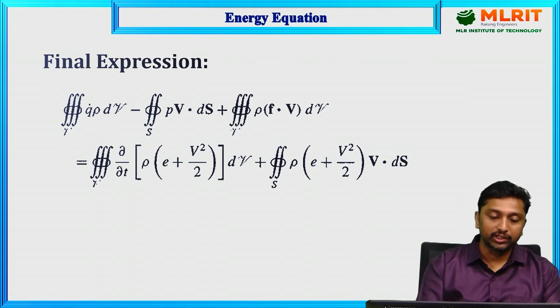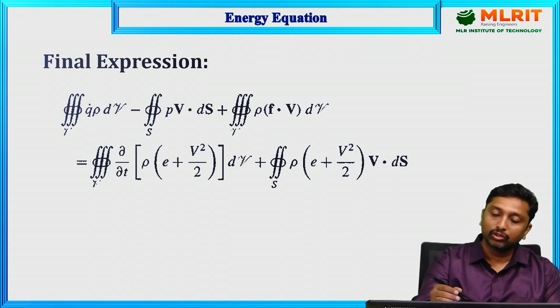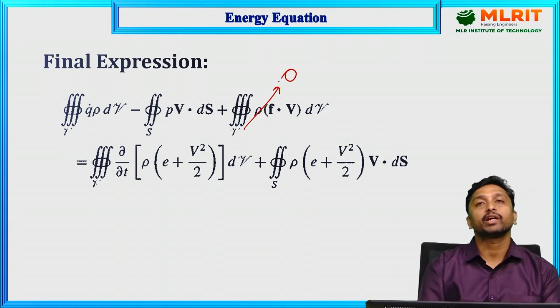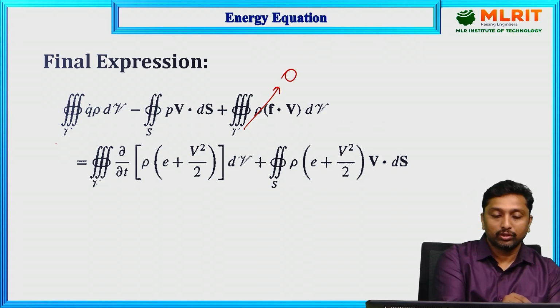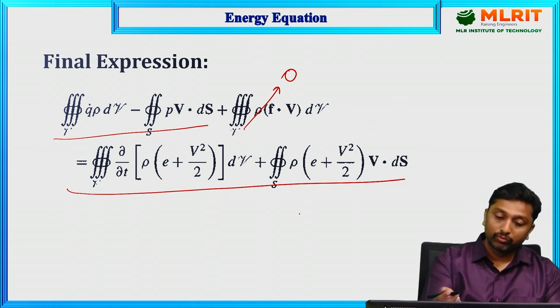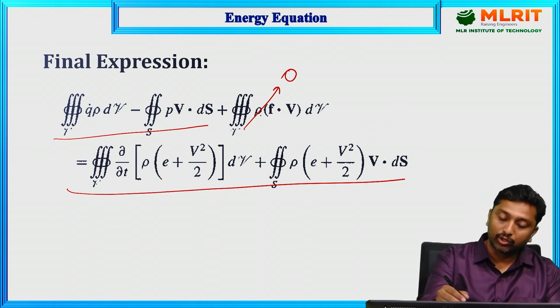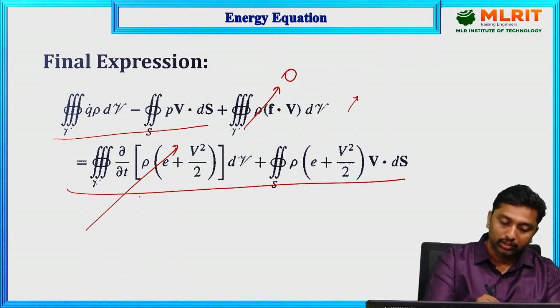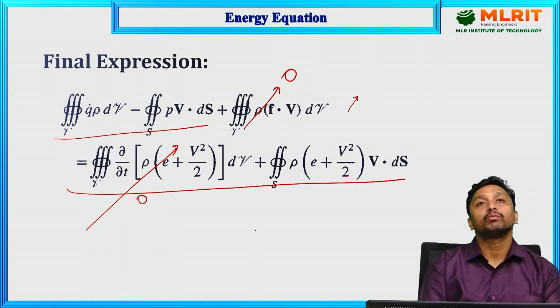Now if we consider body forces are absent, then the equation can be reduced to these terms. Still, if there are no body forces, no viscous forces, and flow is assumed to be steady, then even this term can be equated to 0.